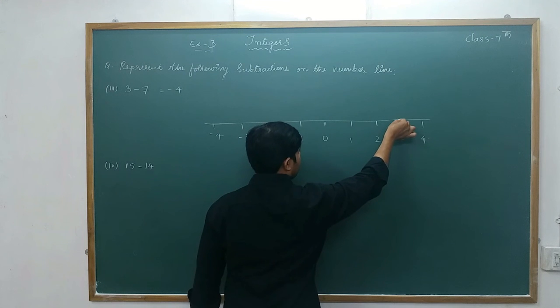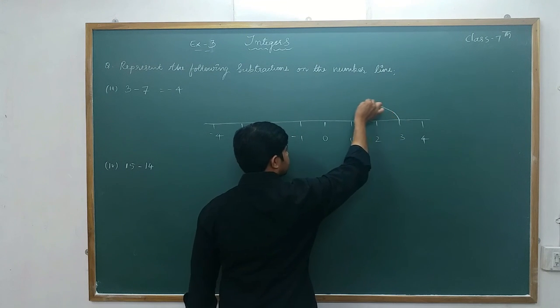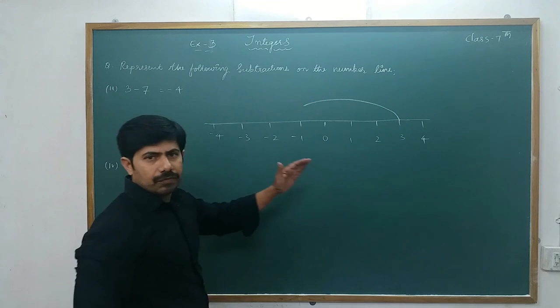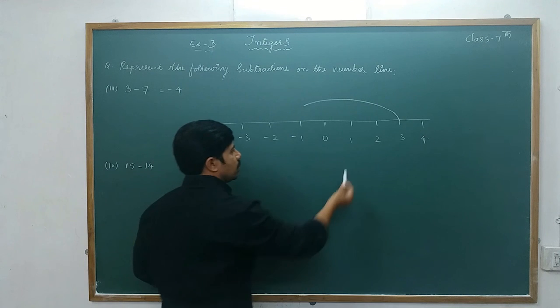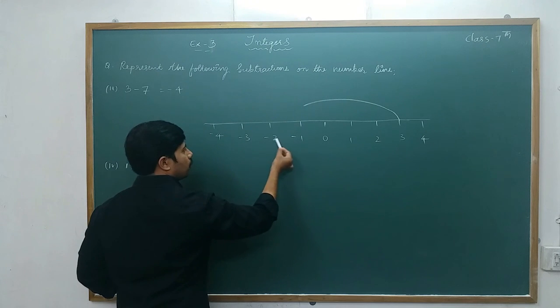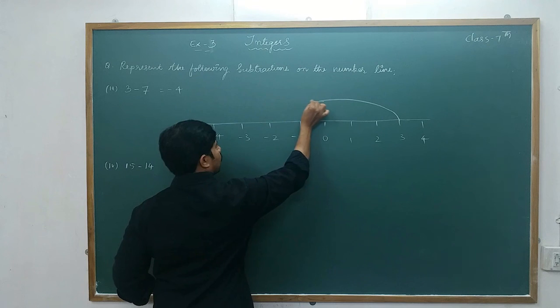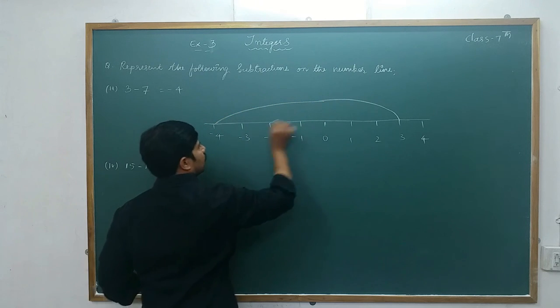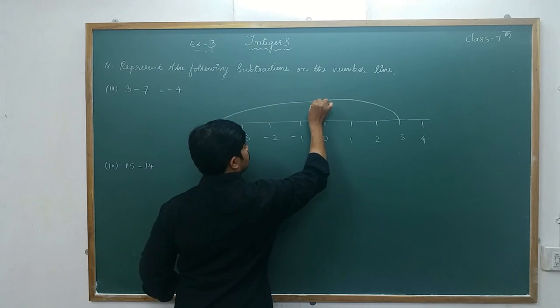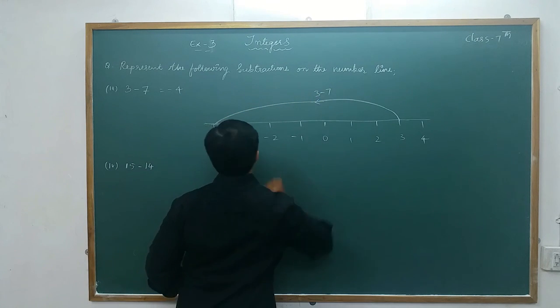So from 3, as it is negative, we move towards the left side 7 steps. Move left side 7 steps. So that is 1, 2, 3, 4, 5, 6, 7. Right? So this is 3 minus 7.